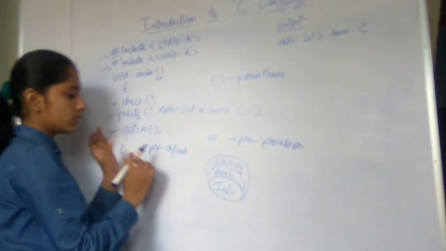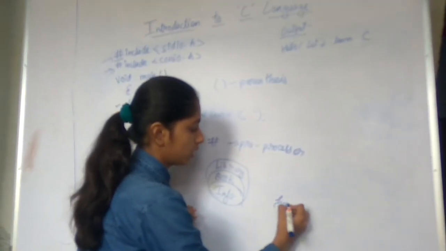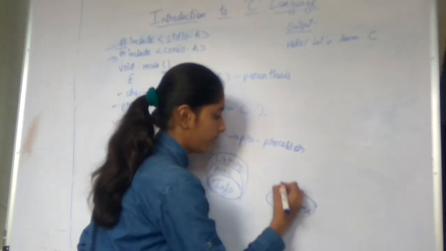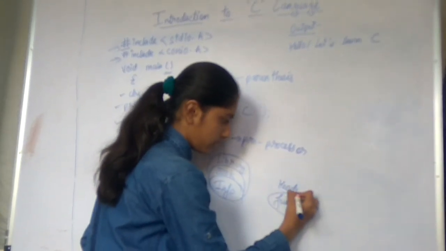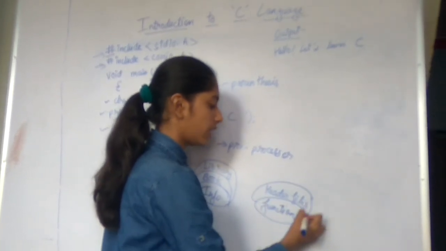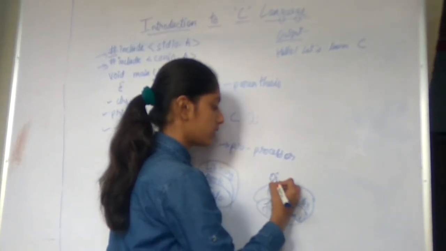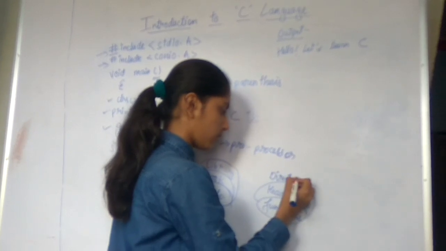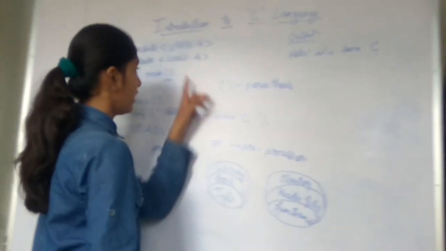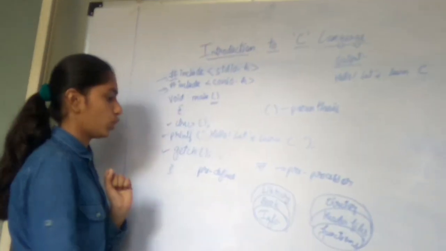So for using these functions, I require their respective header files. And for getting those header files, a directory is required. So according to this code, my header files are stdio.h and conio.h.